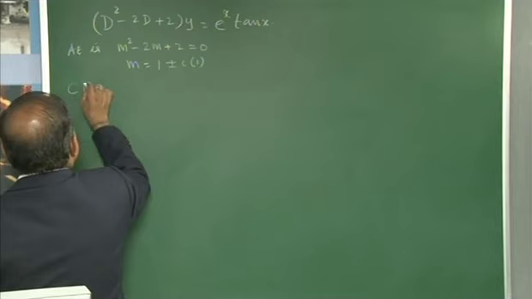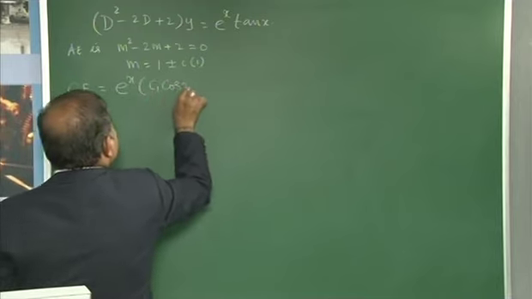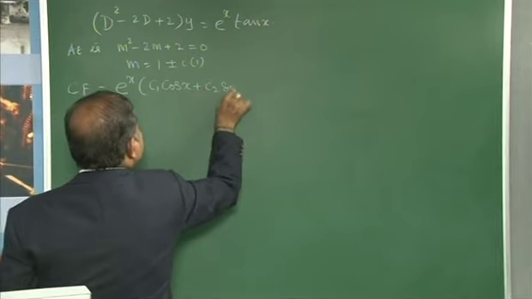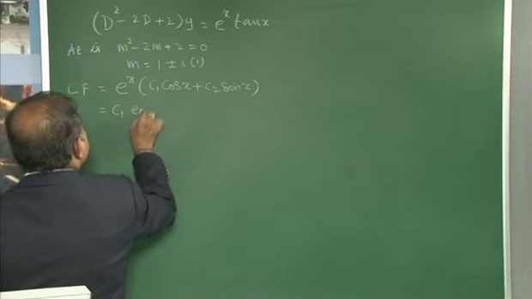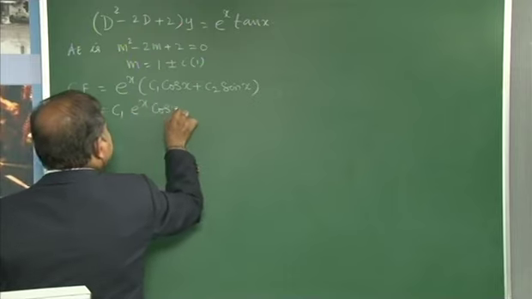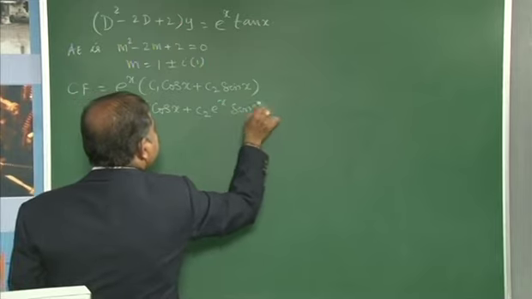So what is CF? It is e^x (c1 cos x + c2 sin x). How should I represent it? C1 e^x cos x + C2 e^x sin x.